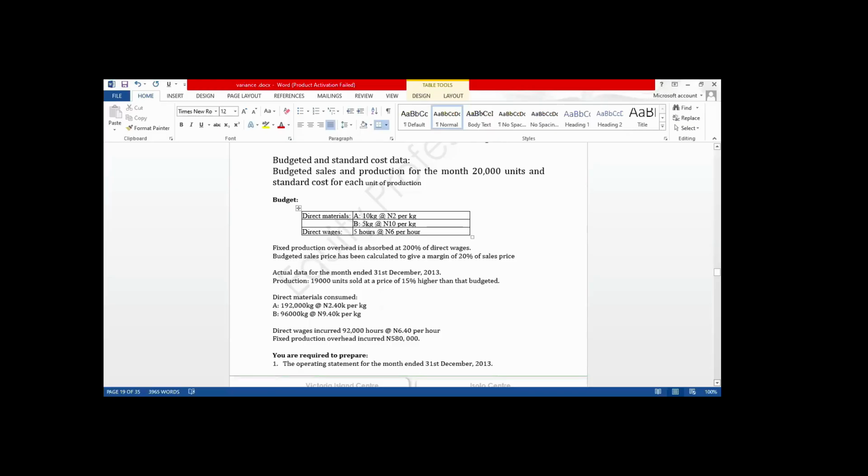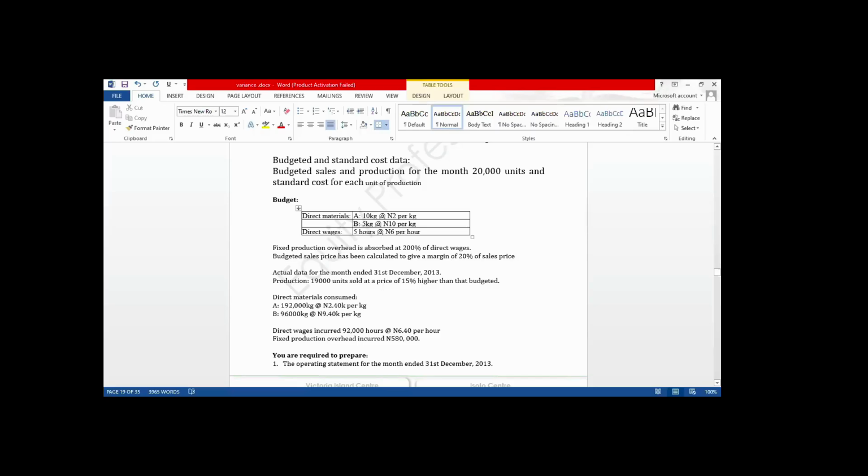Actual material consumed: material A, 192,000 kg at the rate of 2.40. Material B, 96,000 kg at 9.40.